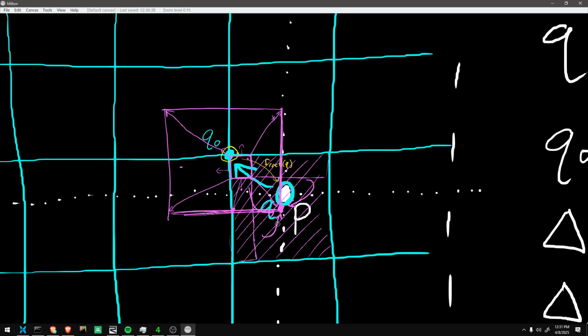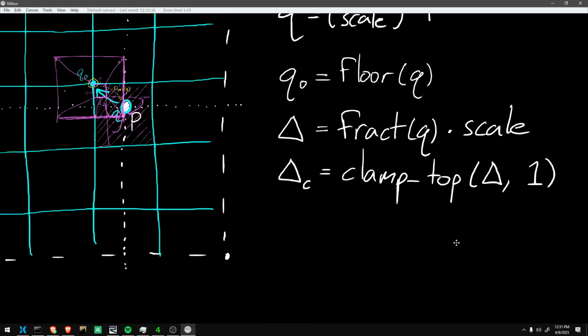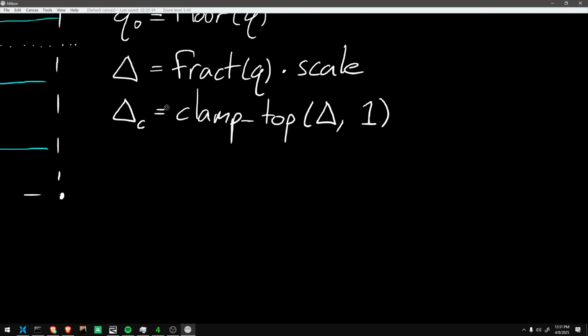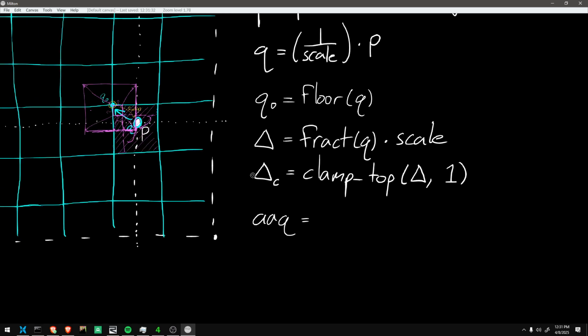But you'll notice this entire description, just to complete the idea here, the final anti-aliased version of Q is: you take that Q naught, the base point, you add in the clamped delta.